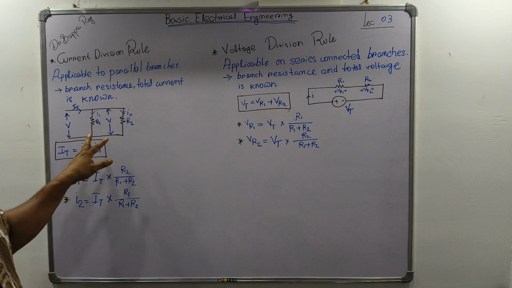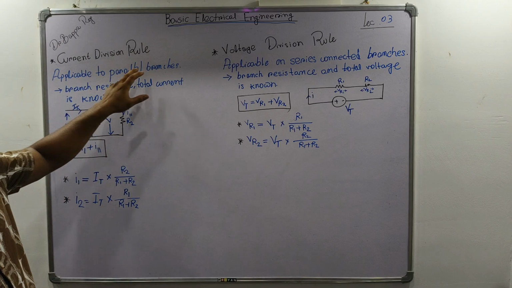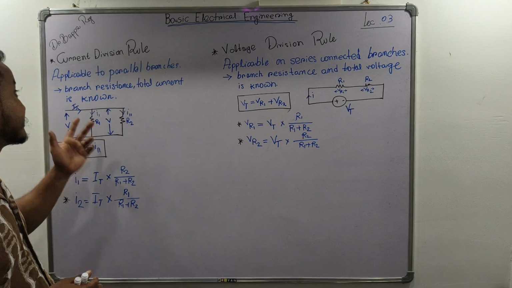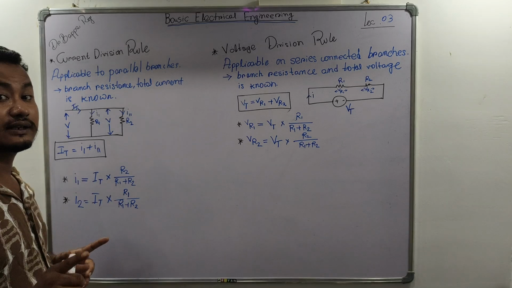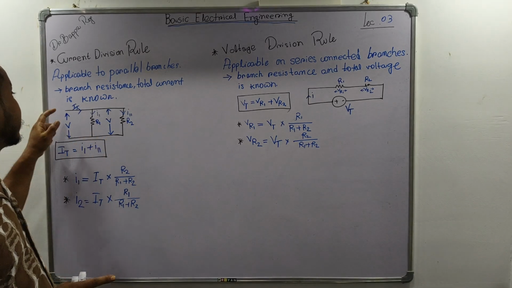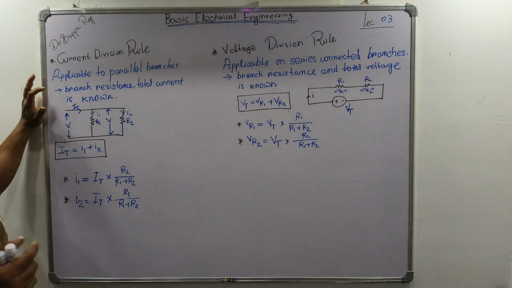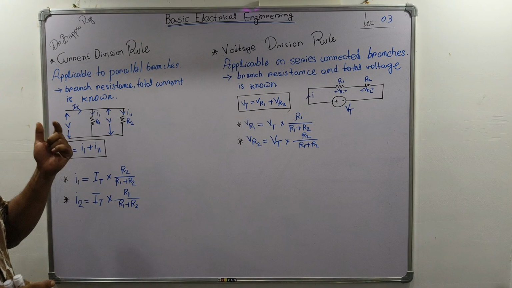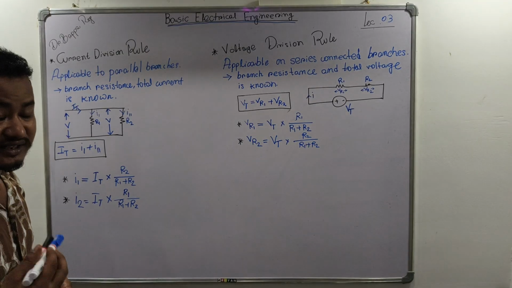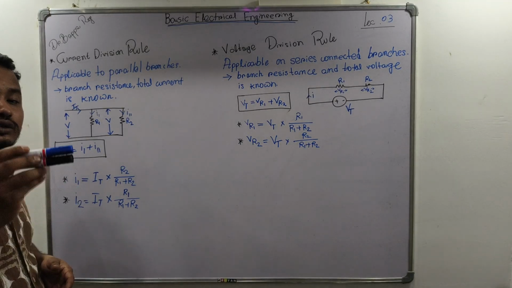It is applicable only to parallel branches, and only when the branch resistances and the total current supply value are known.